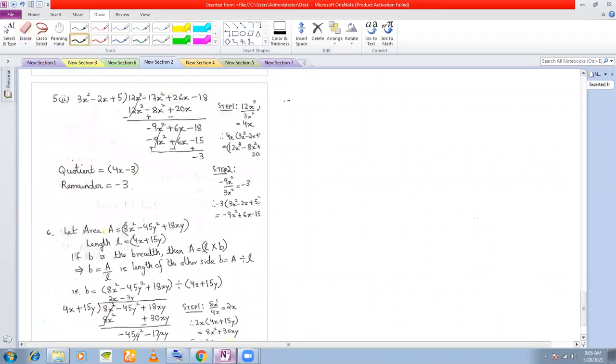The question here is divide 12x cube minus 17x square plus 26x minus 18 by 3x square minus 2x plus 5.